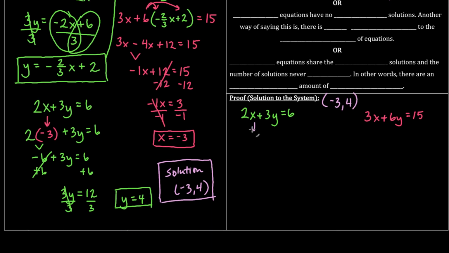So I will put negative 3 in for x and positive 4 in for y. I'm going to write these out, but I'll do the math separately. So 2 times negative 3 plus 3 times 4 equals 6. And 3 times negative 3 plus 6 times 4 equals 15.